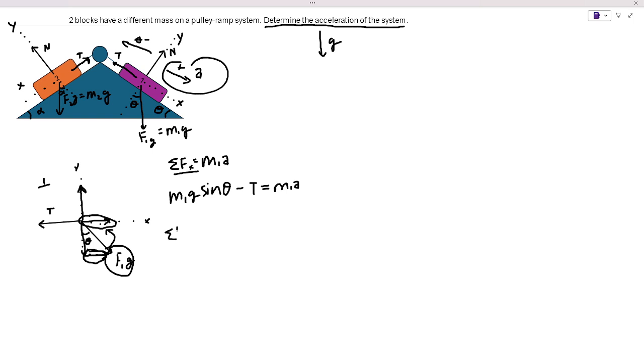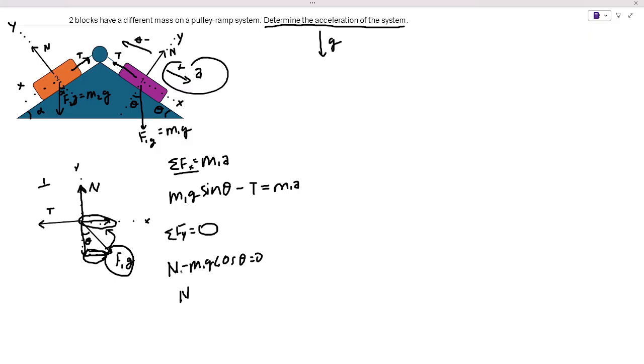Now, I could do the sum of forces in the y direction. Real quick, I'll show you why this is useless. Sum of y, this block is not going up or going down in the y direction in my y-axis, so it's just going to be 0. That's a big 0. And it's simply going to be normal force going upward. We're going to call upward positive, minus m1g cosine theta equals 0.